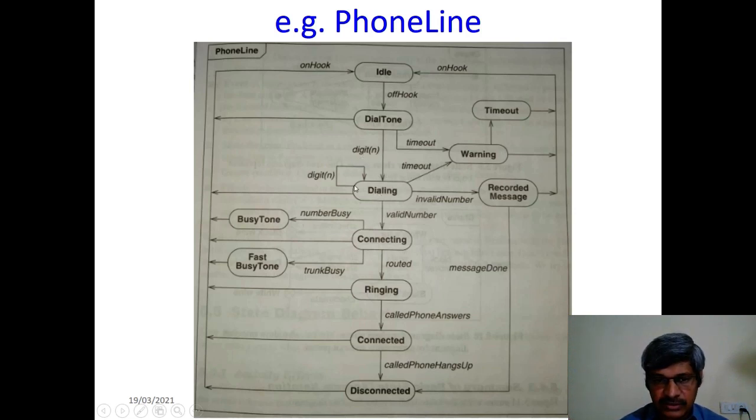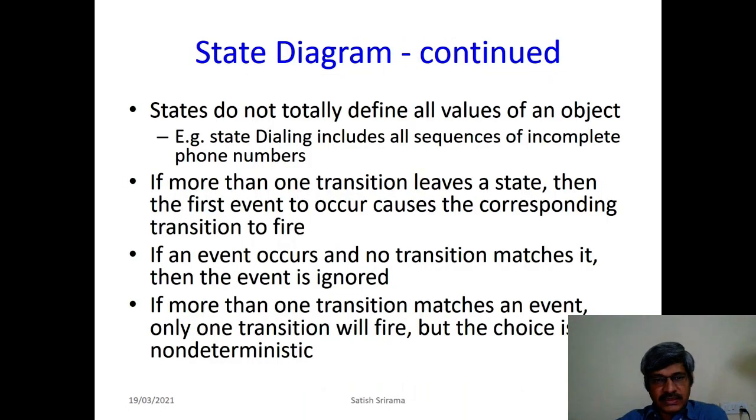But eventually you have to save that number you have dialed until then, so that you can verify whether it is a valid or invalid number. In theory, there are multiple numbers here, but even though you save them, they will not affect the state. The phone is still in the dialing state. So that is what this is talking about: states do not totally define all values of an object. They only represent important states.